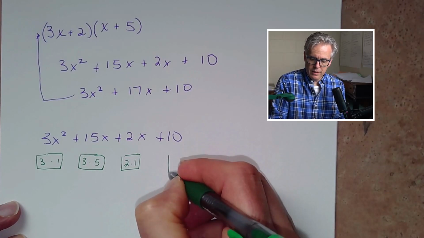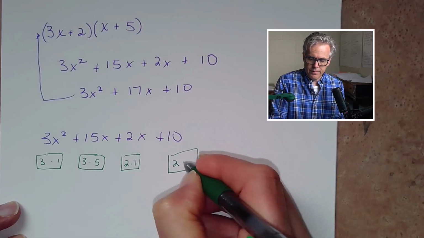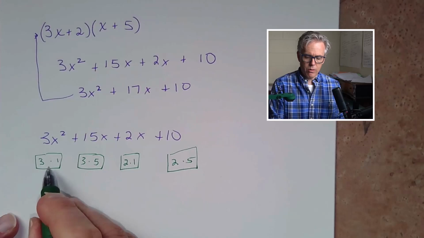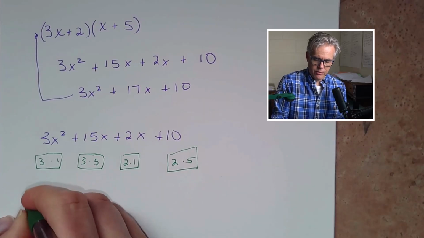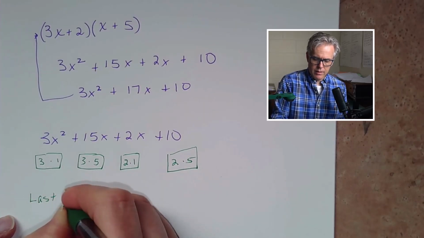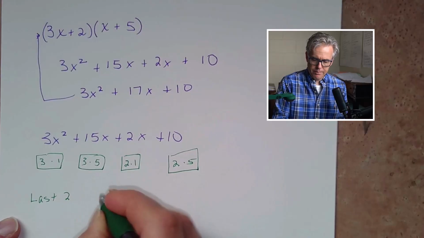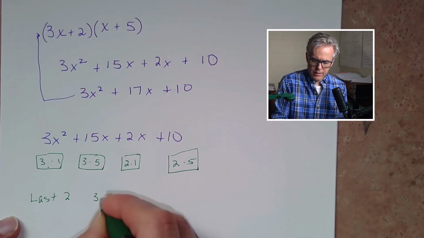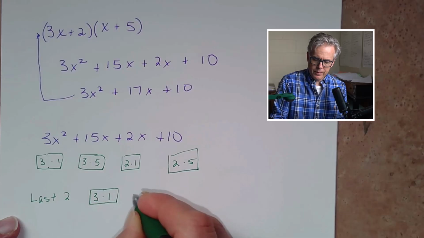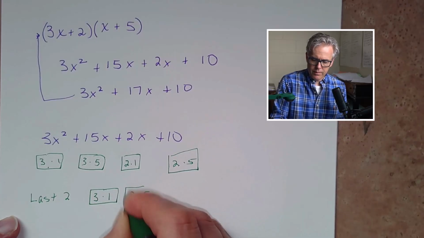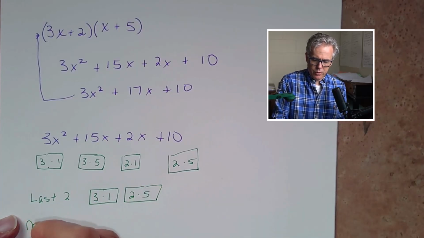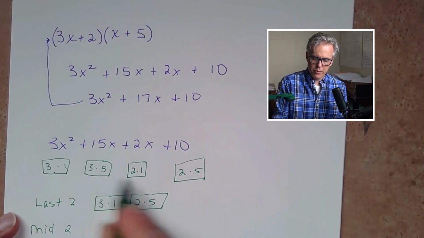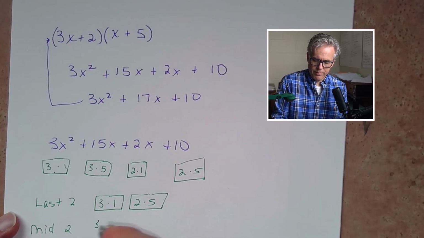And this one here, we did 2 times 5. So one thing to note, look at our last two factors: 3 times 1 and 2 times 5. And how about the middle two? My middle two factors were 3 times 5 and 2 times 1.